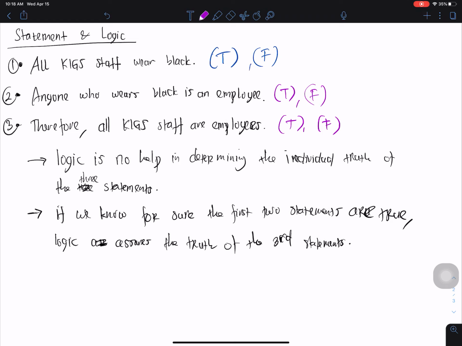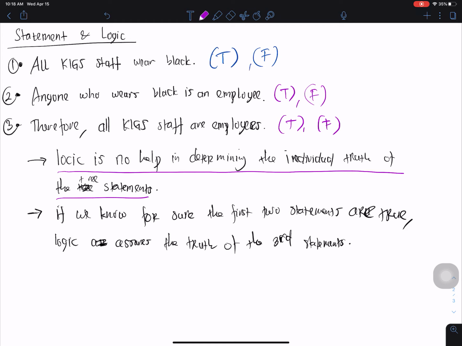So when the data is missing, when the facts are not fully known by us, this is the time that we cannot say whether a statement is true or false. So this is the meaning of this statement here. Logic is no help in determining the individual truth of the three statements in here.